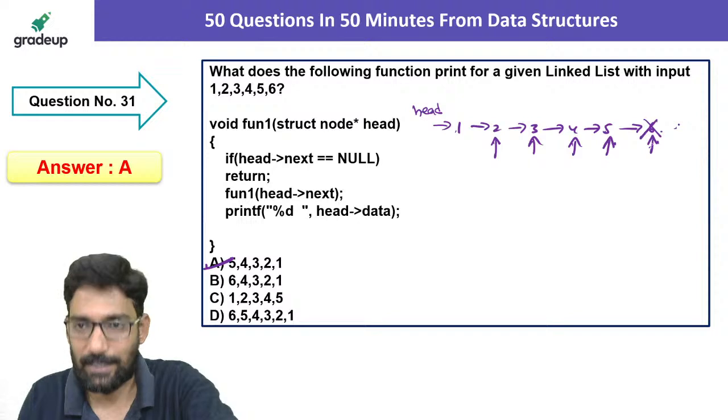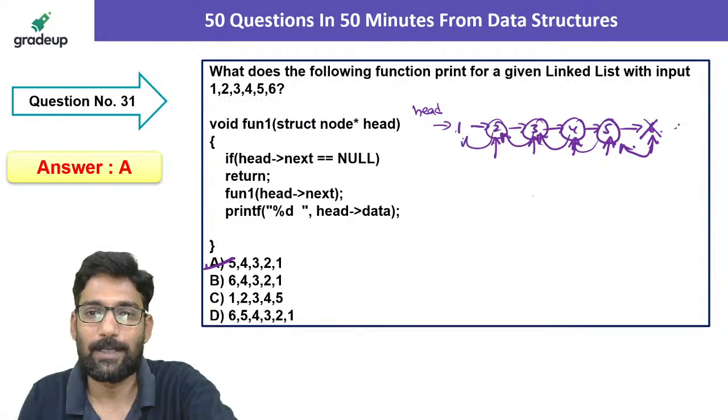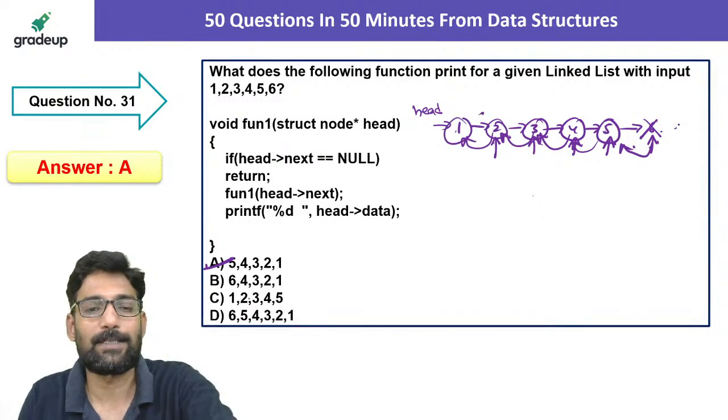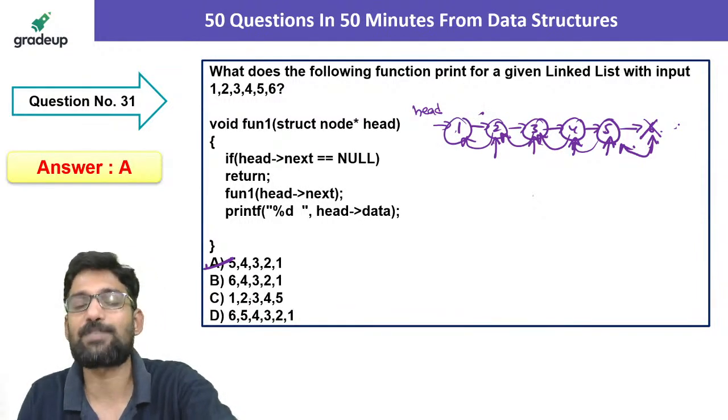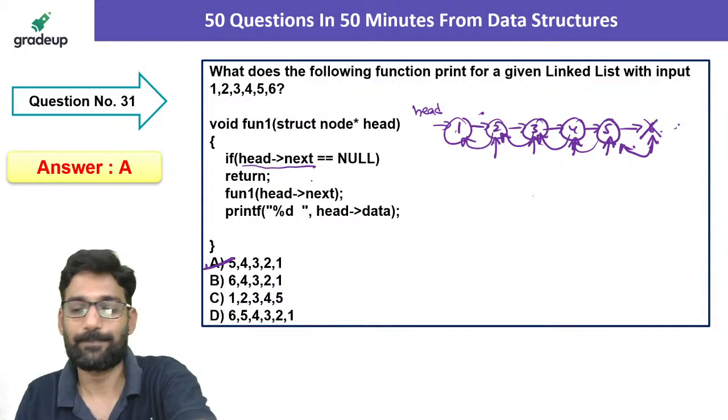Okay, it returned. Now print head data. So 5 gets printed, then it returned to 4, then it returned to 3, then 2, then 1. Yep, the right answer is option A. The last one will not be printed because head next equals null. Next question.